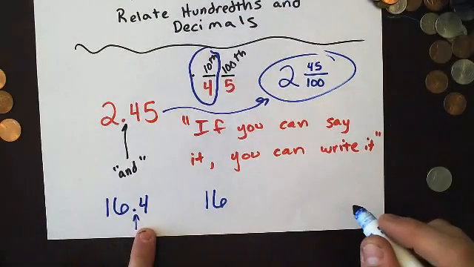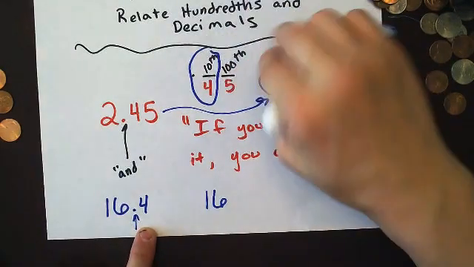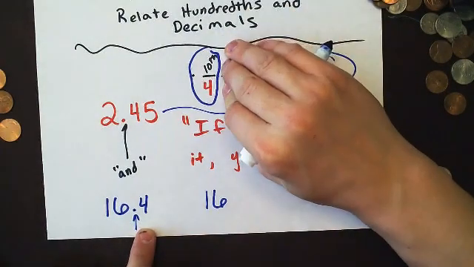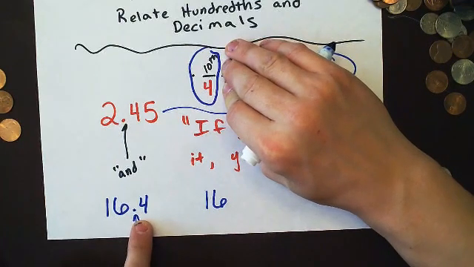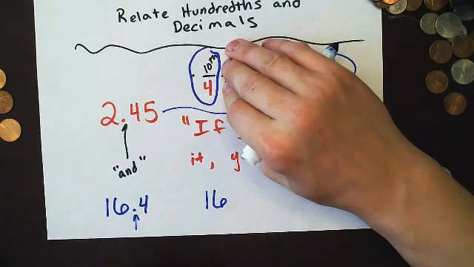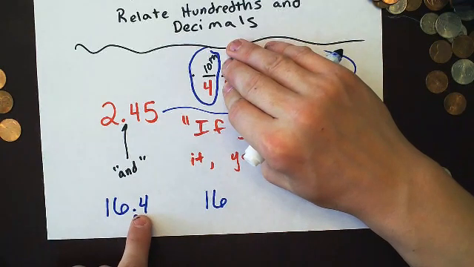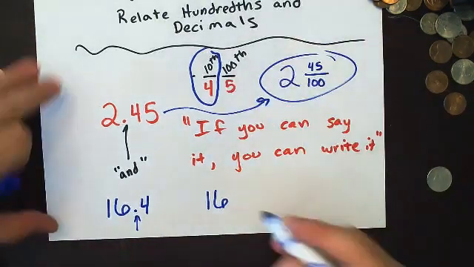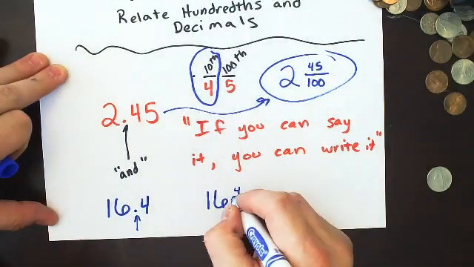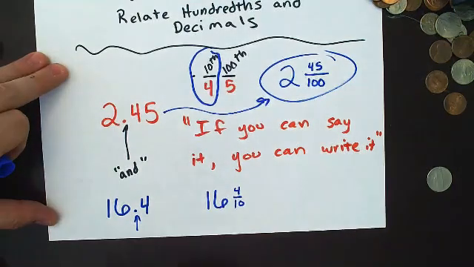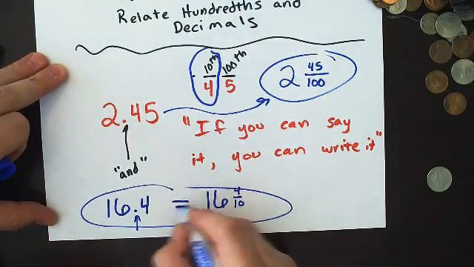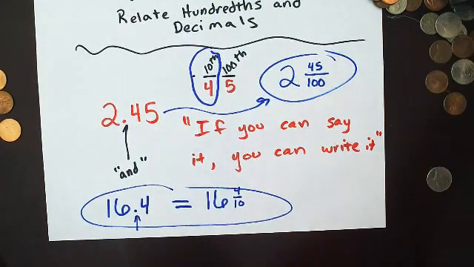This time, it's just a 4 in the tenths place. I don't have anything in the hundredths place. So since I don't have anything in the hundredths place, I don't need 100 on the bottom of my fraction. So this would be read as 16 and 4 tenths. So these are the same.